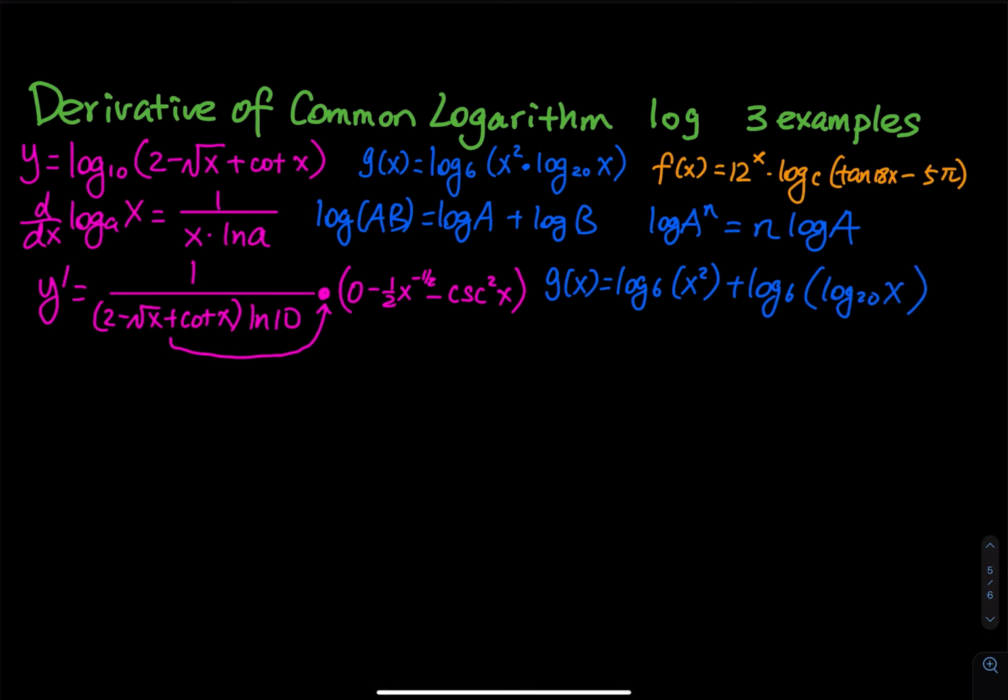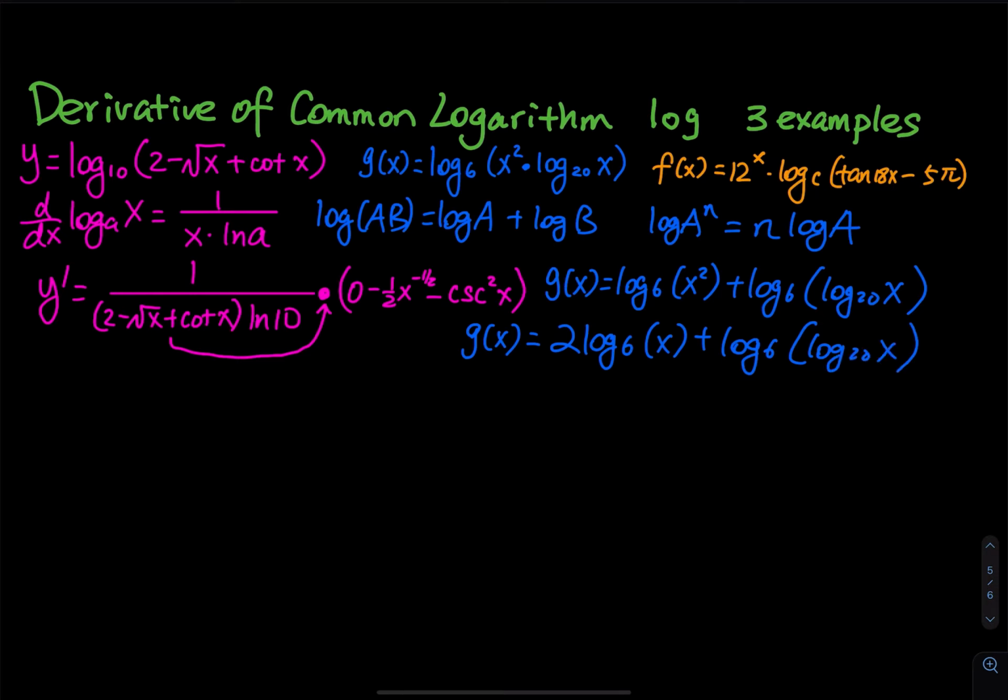So g of x equals 2 log base 6 of x plus log base 6 of log base 20 of x. One common mistake that my students make is they believe that once we carry the 2 down, we finish the derivative. The answer is no, that is wrong. We haven't done any derivatives yet. We just rewrite the function, all right?